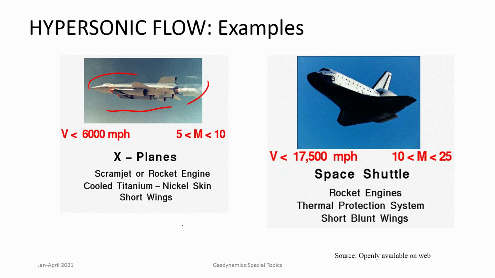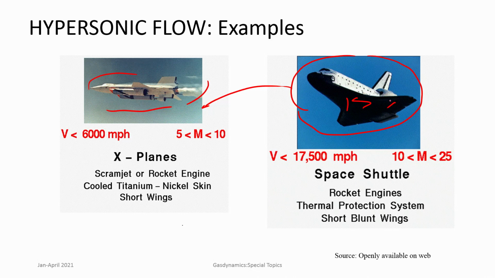But if you look at another example, which many of you would be familiar with, the space shuttle. It has similar structures to the previous example, but look at the shapes: they are all rounded, all blunt, and there is a significant black portion underneath which is all thermal protection.